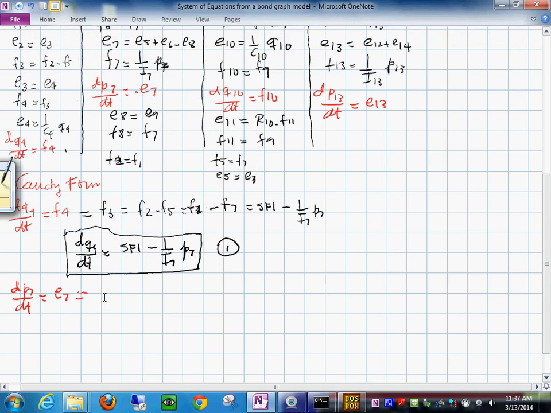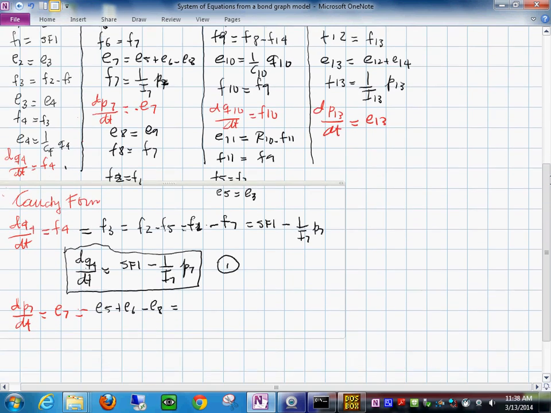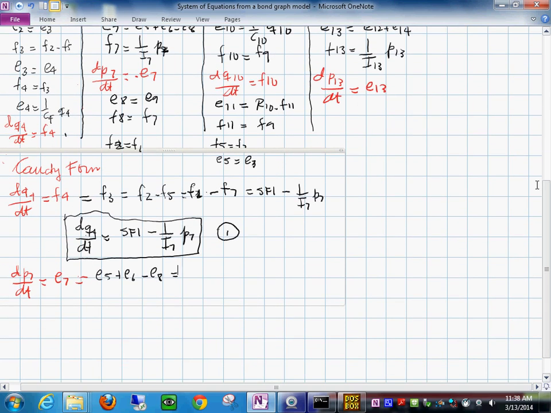To E5 plus E sub 6 minus E sub 8. And then this would be E sub 5, which is up there. No, E5 is E3. We wrote it down there. So this is E sub 3.